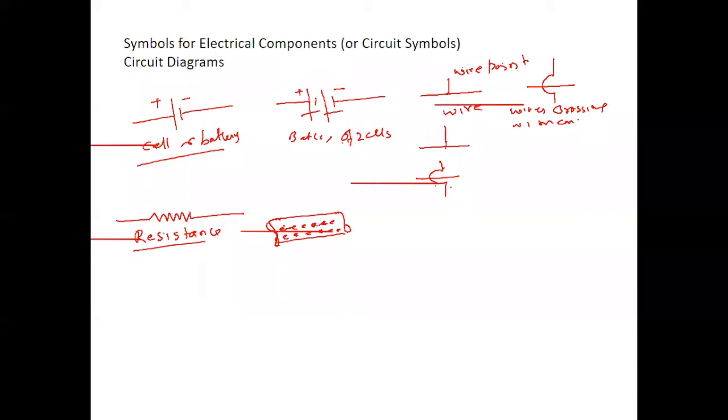But because some of the electrons collide with each other and with other electrons, that restricts the flow of the current, and that is called resistance. Okay, and this symbol is like that.